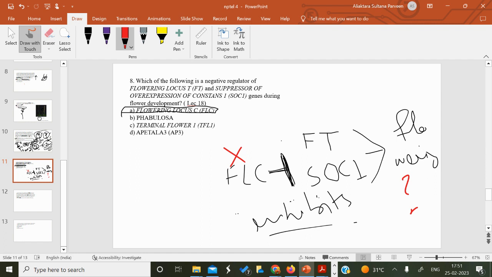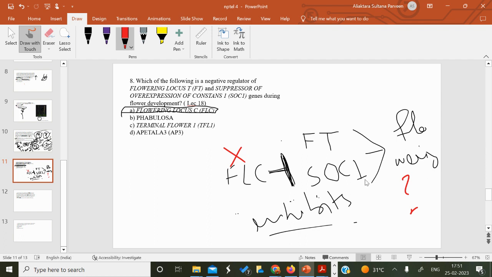Okay, so as I just mentioned, flowering locus C is inhibiting FT and SOC1, which were promoting flowering. So ultimately it was inhibiting flowering. But now if you mutate FLC itself, then FT and SOC1 will not be repressed by FLC anymore and will do their function of flowering.